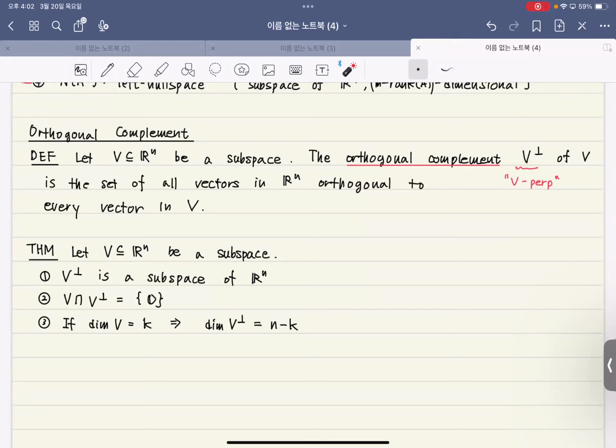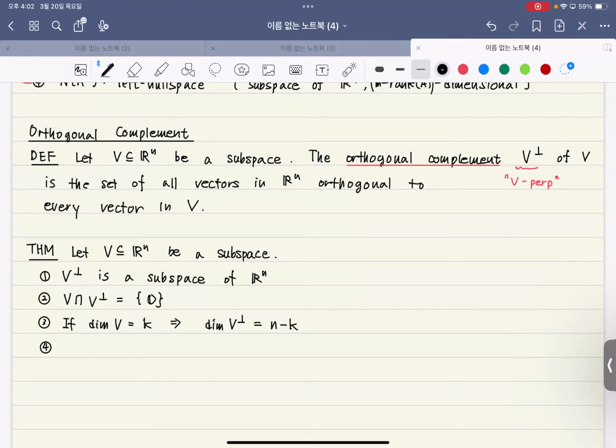You remember this? So conditions 2 and 3 say that V and V perp are always direct summands of the ambient vector space Rn. But if you do not remember anything about the direct sum, that is okay, because today I will explain one more time.